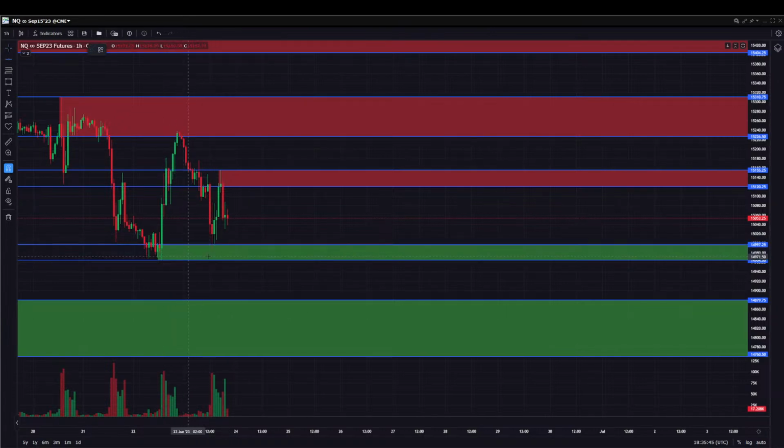So I'll be playing this zone once we get in here. But while we're in between our zones, I do have this level. And that's how I get these levels in between the zones. I do know this is an important level, it was part of the top of a zone. So as you can see here, it was respected.